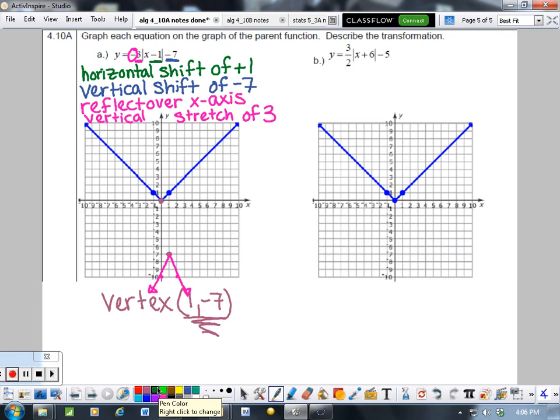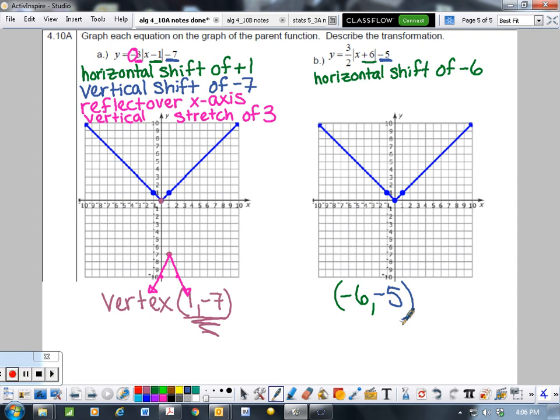Let's look at our h value, which is -6. So I can go down here and put in -6 and describe it. It's a horizontal shift, which means side to side, of -6, which means I'm going left 6. My k value, -5, is the y value of my vertex.